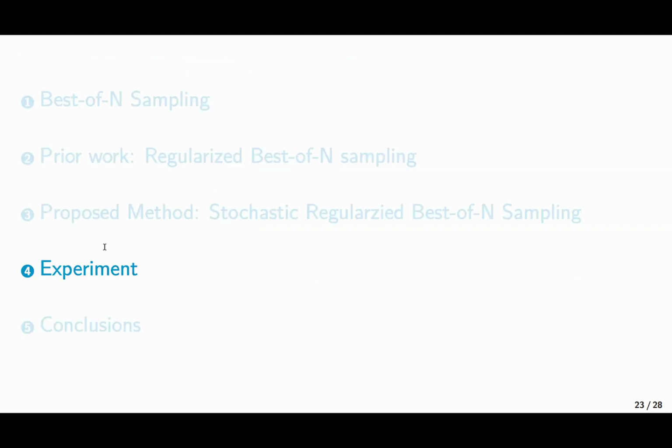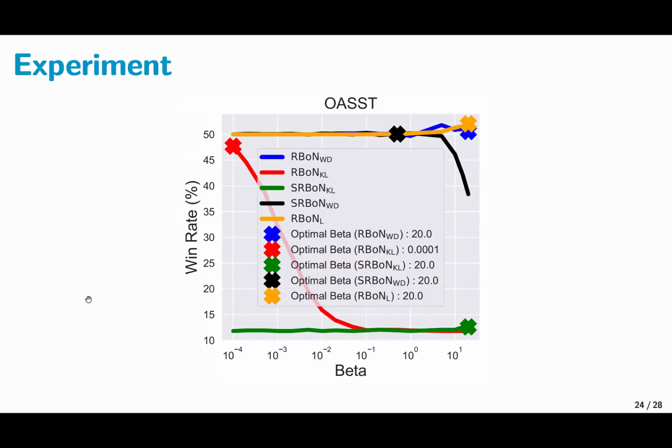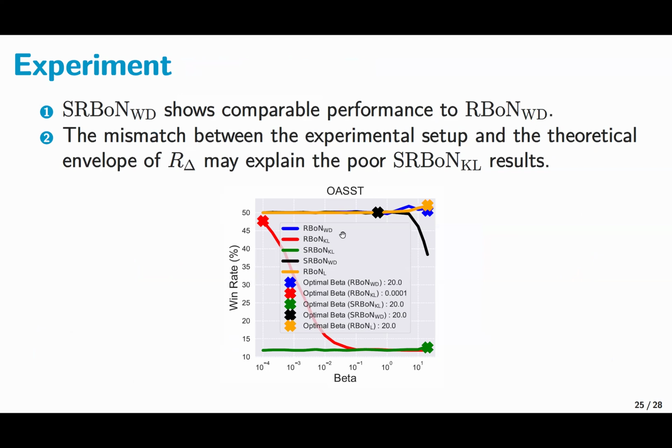The experiment result is this figure. Black is SRBoN with Wasserstein distance, and green is SRBoN-KL. From this I can say that SRBoN with Wasserstein distance showed comparable performance to RBoN with Wasserstein distance, the blue one.